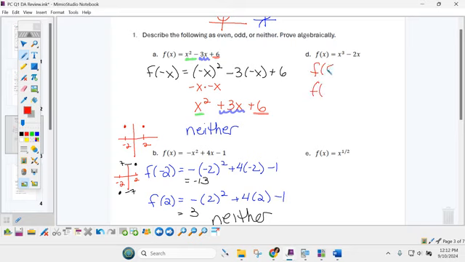All right, I'm going to pick another favorite number. Let's use 5 and negative 5.